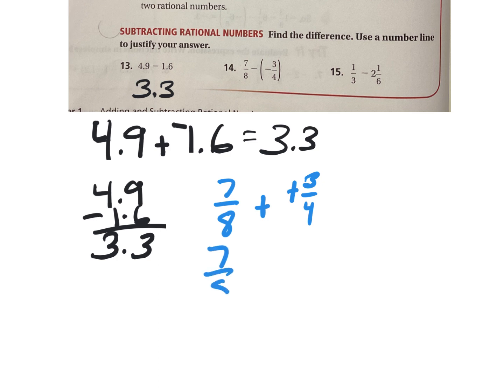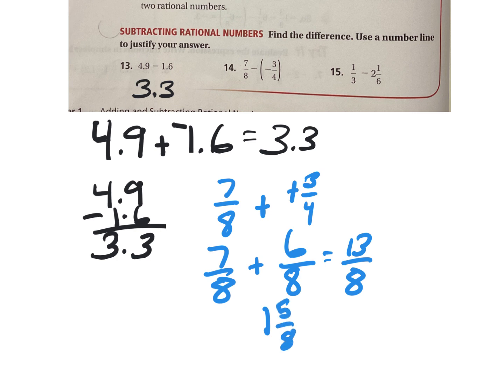I just need to have similar denominators. And it is 13/8, which I can say 8 goes into 13 one time, and that leaves me 5, 1 and 5/8. And it's a positive.